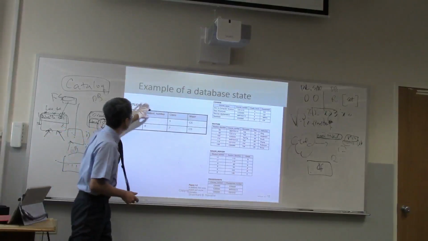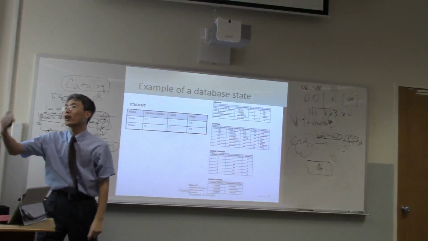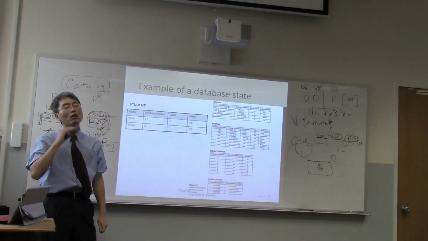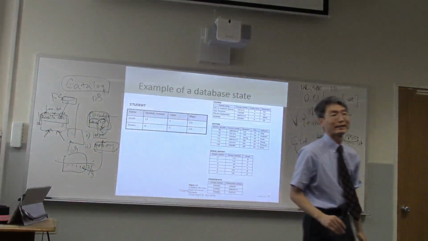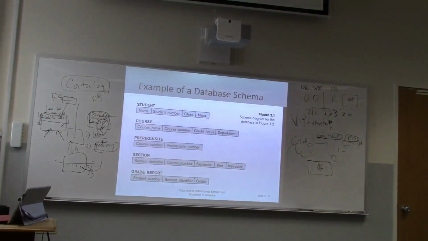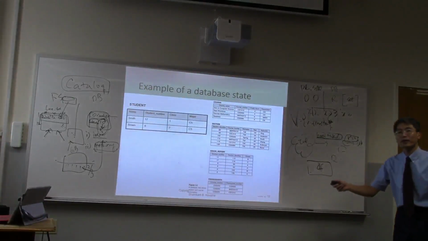So schema plus data is called the database state, the current state of the database. Your goal in the project is to make a certain database state, which means after design, you need to insert sample data into your database also. So this is a database schema, especially called the schema diagram. This is a database state.